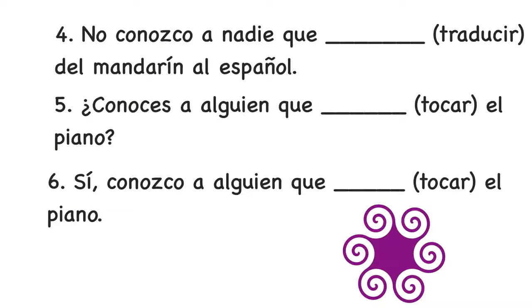Okay, what about this sentence? No conozco a nadie que traducir del mandarín al español. Now, do we have a word or a phrase or a verb that may indicate the use of the subjunctive? Yes, we have lots. We have no conozco, we have nadie. Those are negative words that tell us that, yes, we're going to use the subjunctive. We don't know anyone that is able to translate from Mandarin to Spanish.